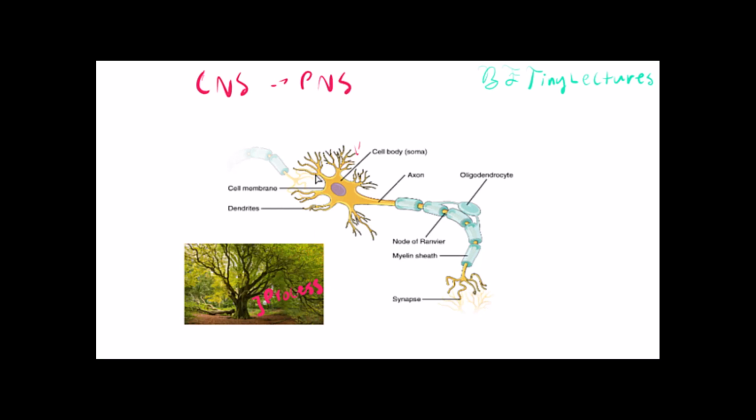And that is similar to this little tree trunk right there, to this guy. Extending out of the process are the branches. They are the little branches of the tree. And likewise, extending out of the process here are the little branches. And they are called dendrites.